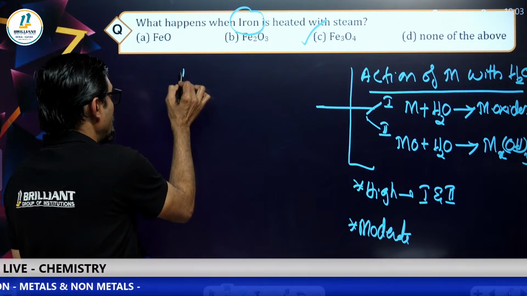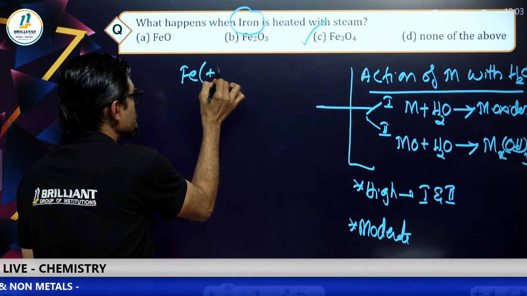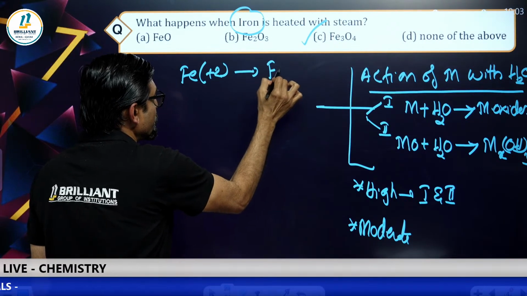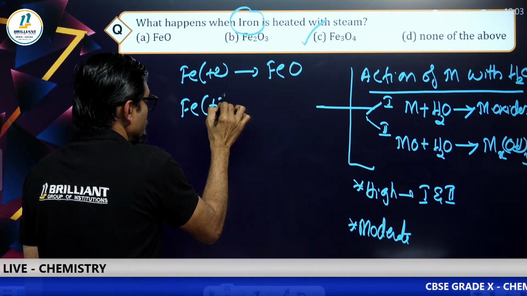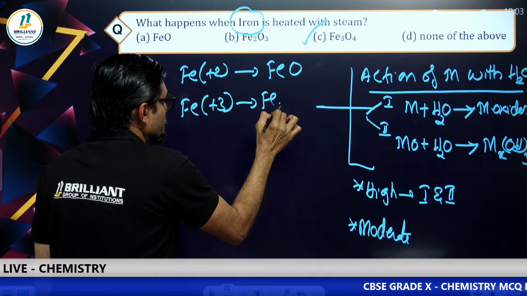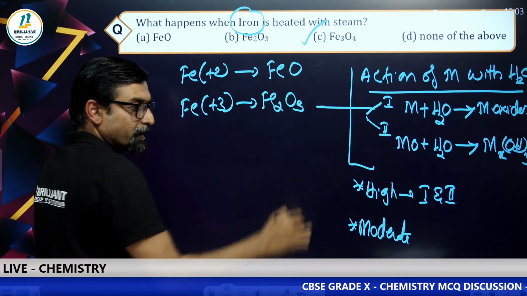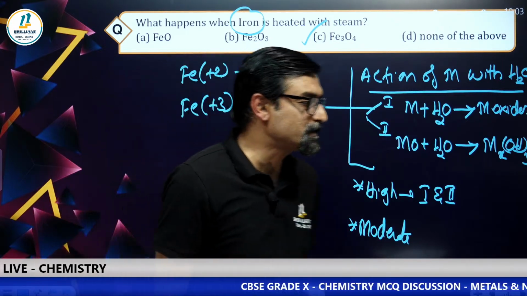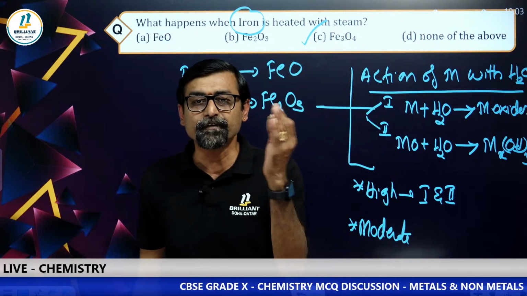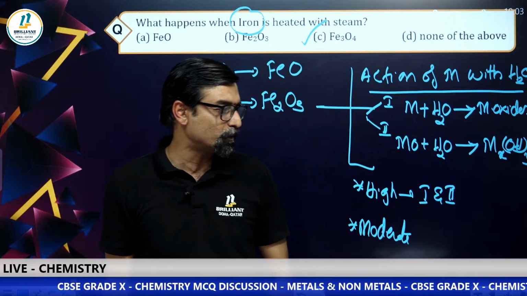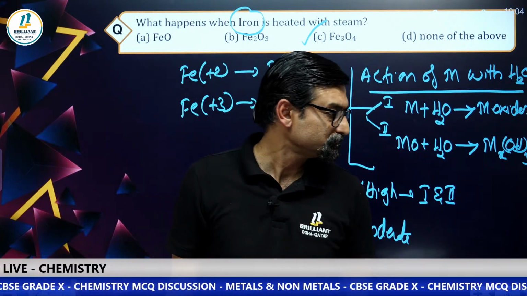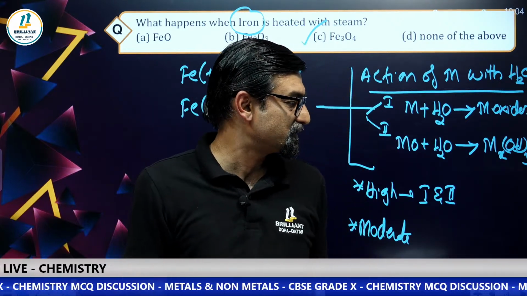If iron is +2, it forms FeO, and if it is +3, it forms Fe2O3. Can anybody tell me what is the color of Fe2O3? Anybody? Fe2O3. Yes.